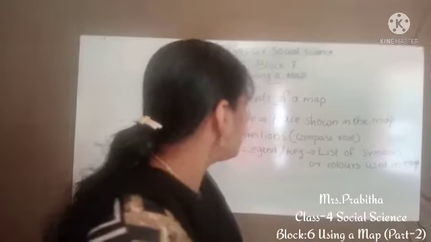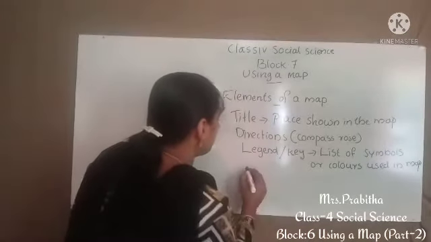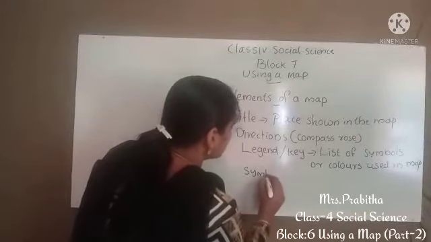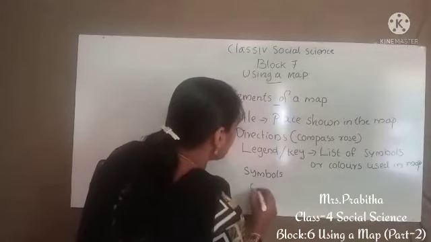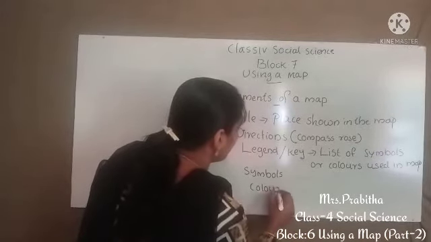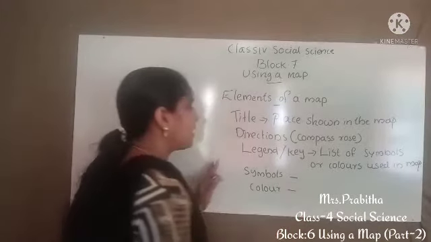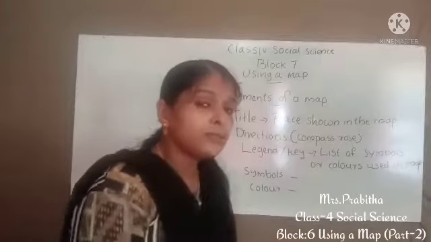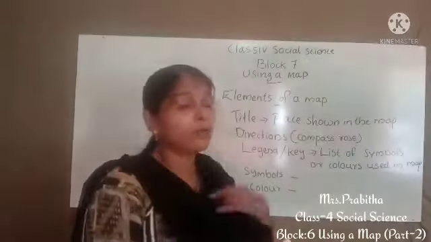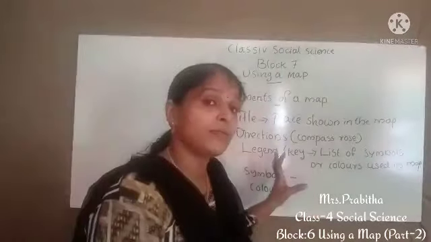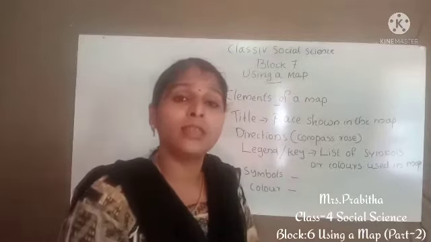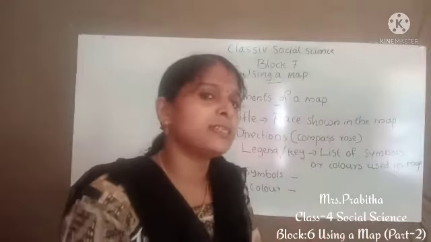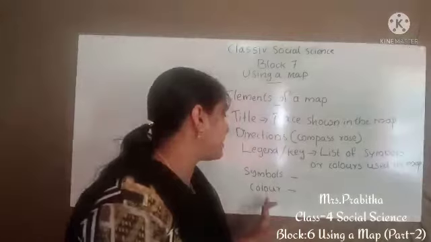The next element of a map is symbols and colors. Symbols and colors are used in the map, and they are in the legend or key. See children, for understanding or reading the map, these legends are very important, because they include symbols and colors.